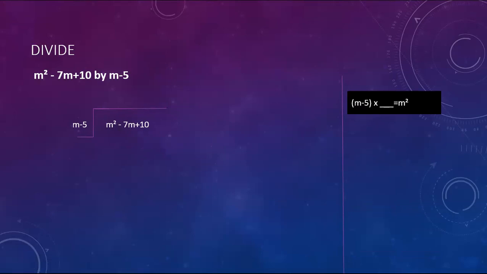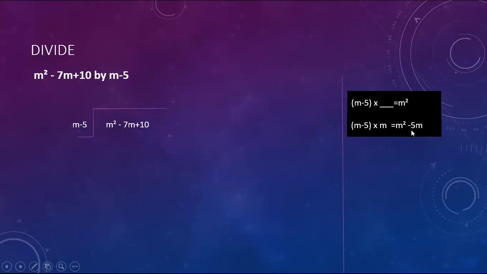The first term in the dividend is m square, so I want something which is going to be multiplied with the divisor to get m square. So I am going to multiply m with m. When we multiply m with m, we get m square, and minus 5 m's are minus 5m.